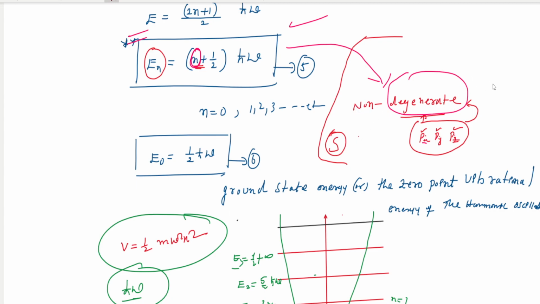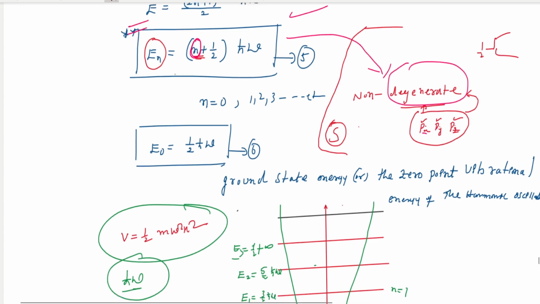Degenerate levels will split if you apply a magnetic field or electric field, and you then want to calculate the perturbation. The variation of potential energy is very, very important. For that reason, you need to understand degeneracy and non-degeneracy.